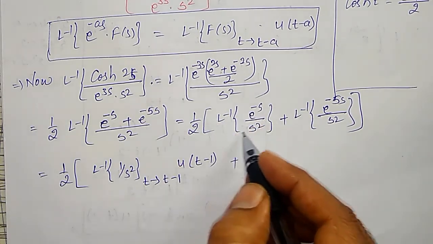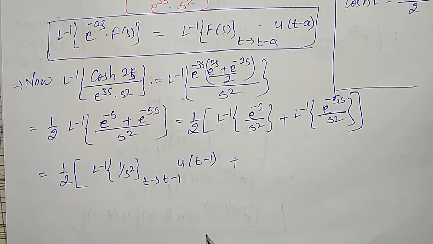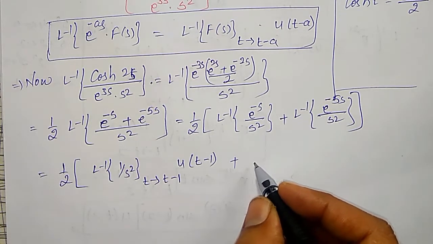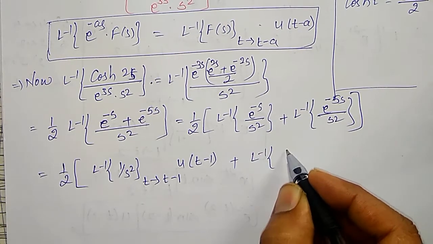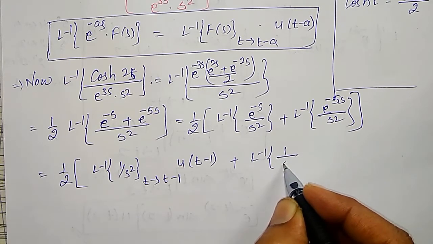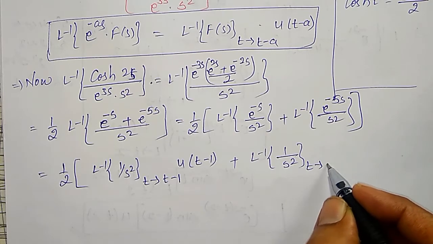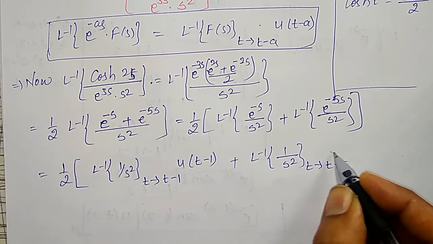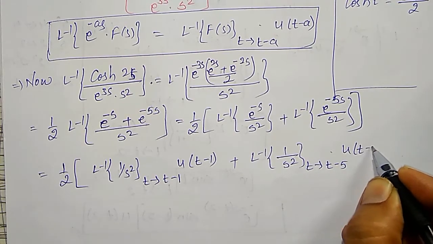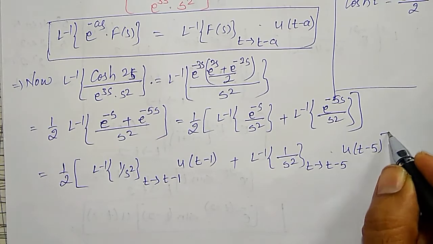This is the first term. For the second term, I have to use again the same inverse Laplace transform of 1 by s square, and here t is replaced by t minus 5 into u of t minus 5.